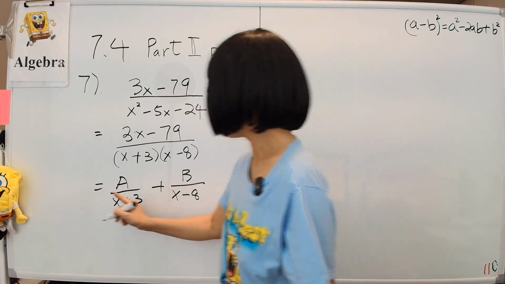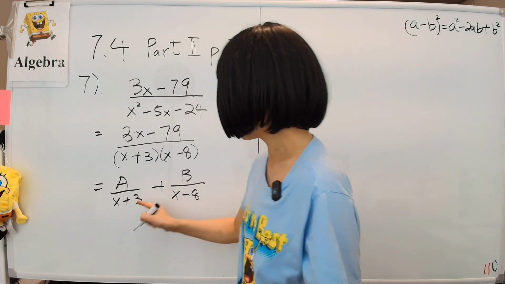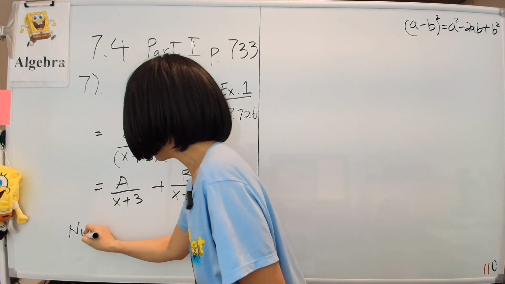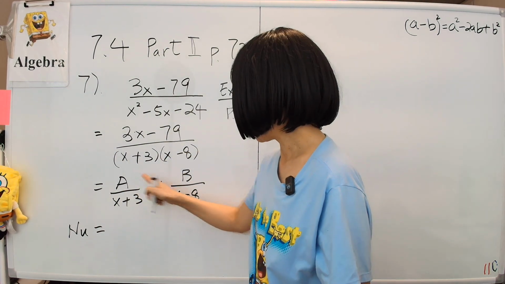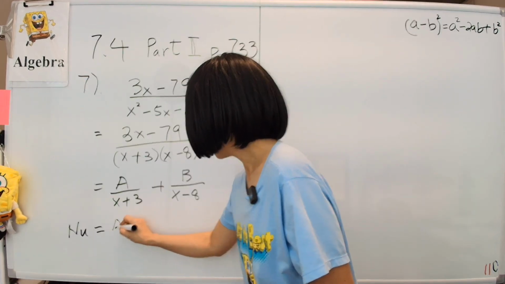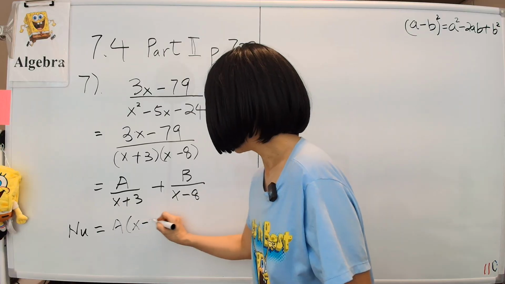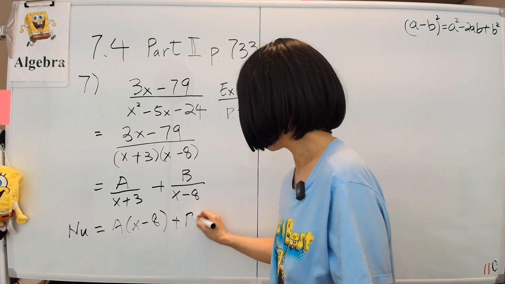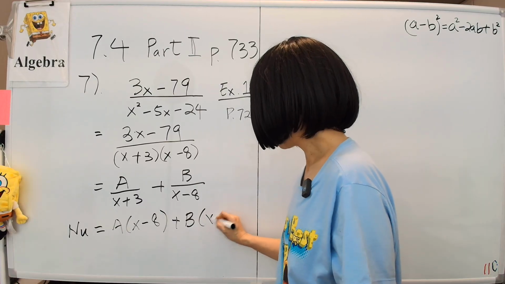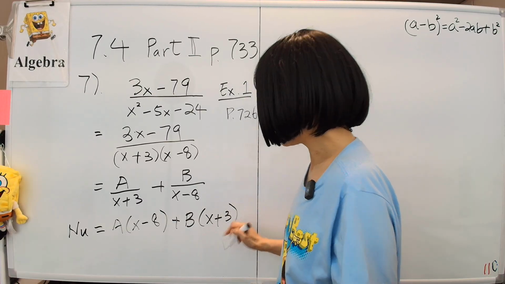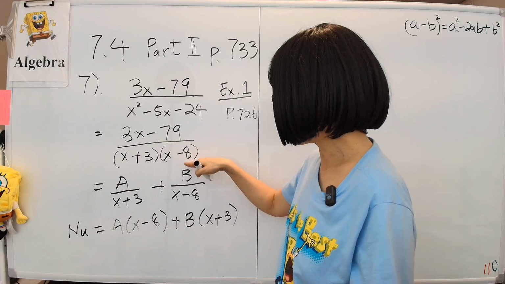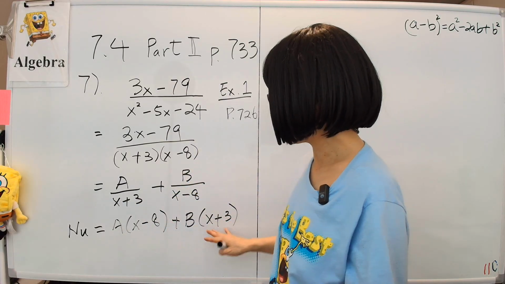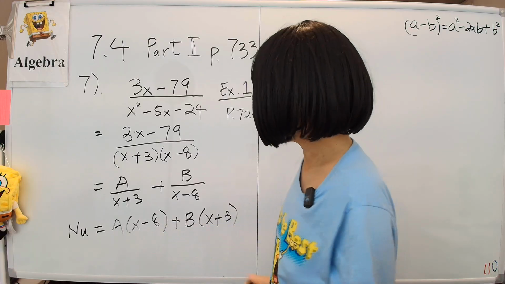To have the same numerator as the original, the numerator will have to equal a times (x minus 8) plus b times (x plus 3). Then this numerator divided by this denominator will end up being this thing, because these parts will cancel out respectively.